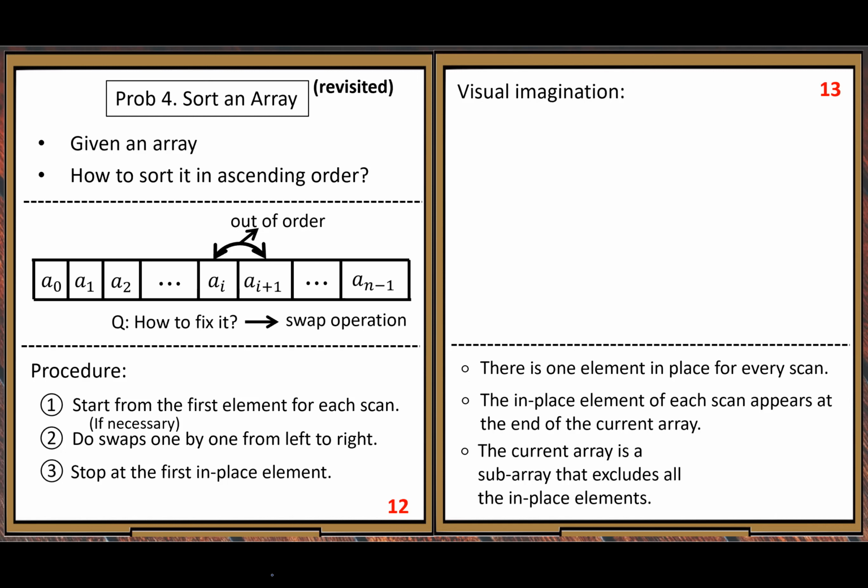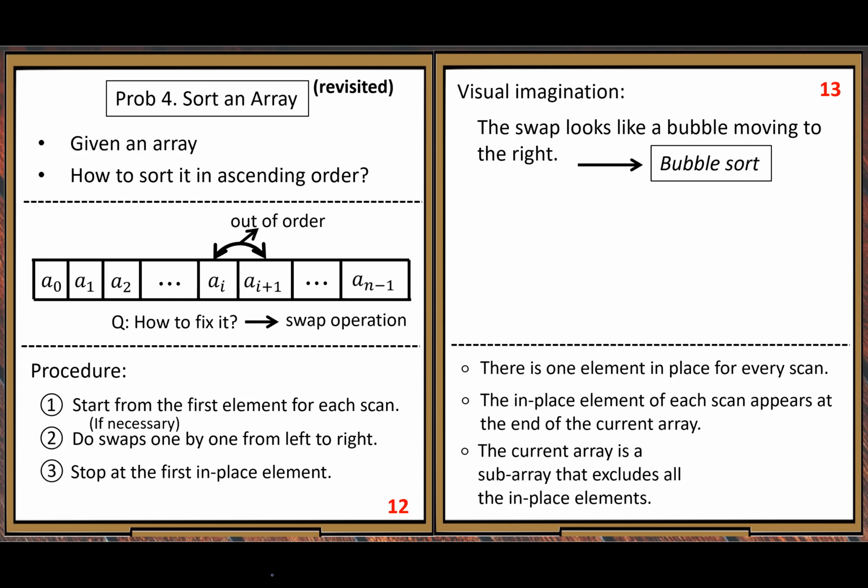And this algorithm, based on visual imagination, we try to visualize this procedure. The swap looks like a bubble moving to the right, from left to right. So that's the bubble sort. Everyone knows the bubble sort, right?